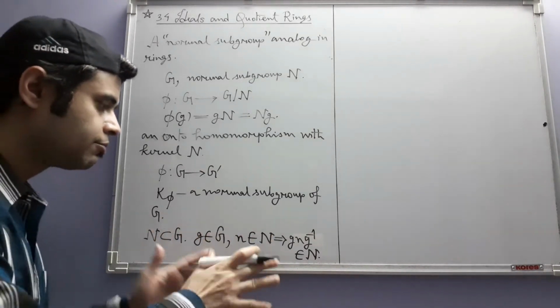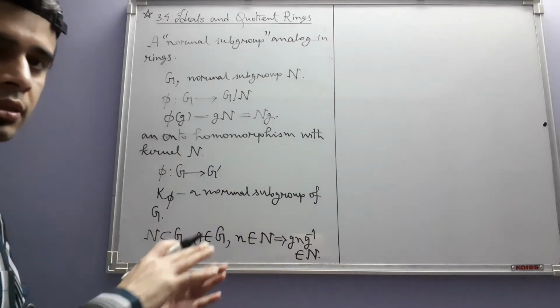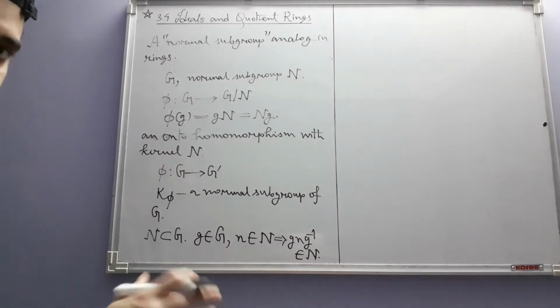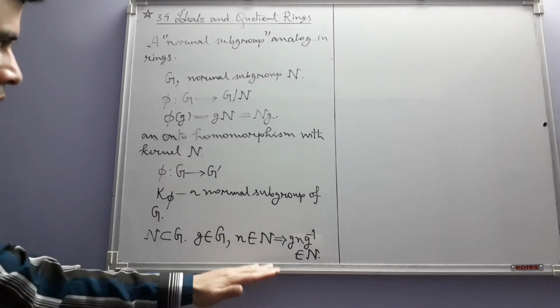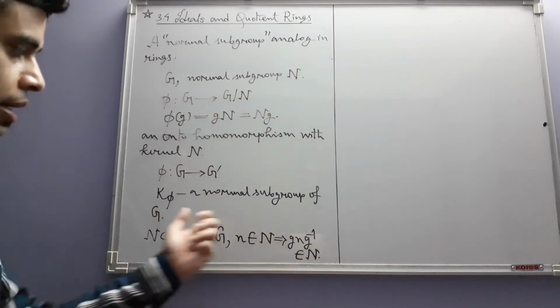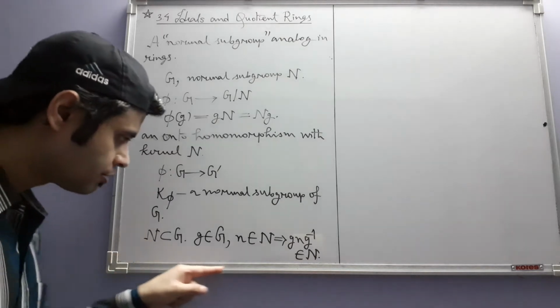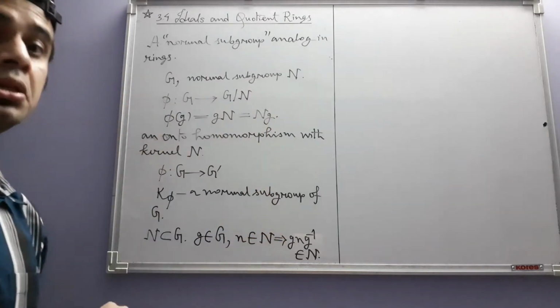So it does not involve any homomorphism. We cannot see any relation to any homomorphism. However, later on it turns out that they are kernels of homomorphisms. Now, what should the corresponding thing for rings be?